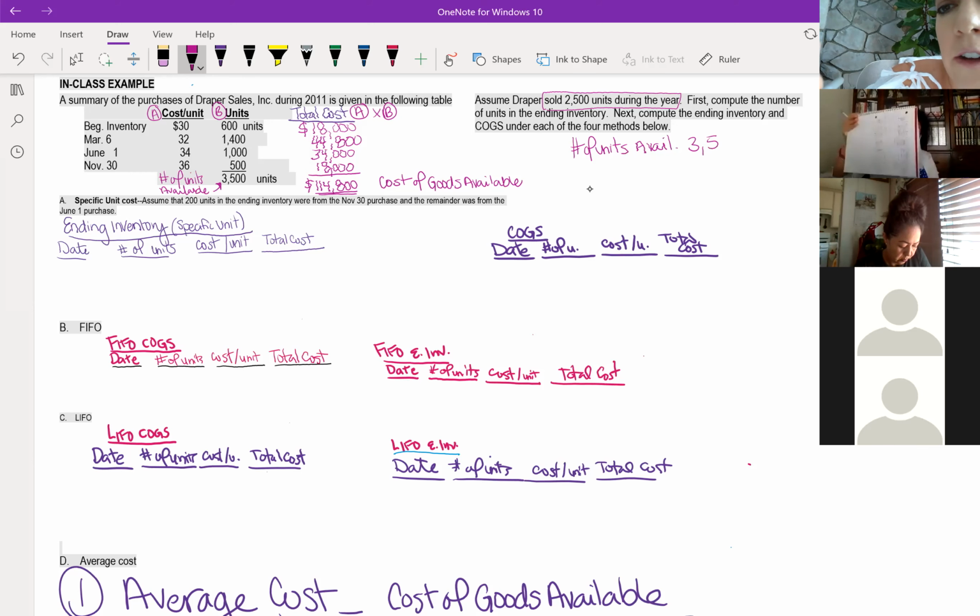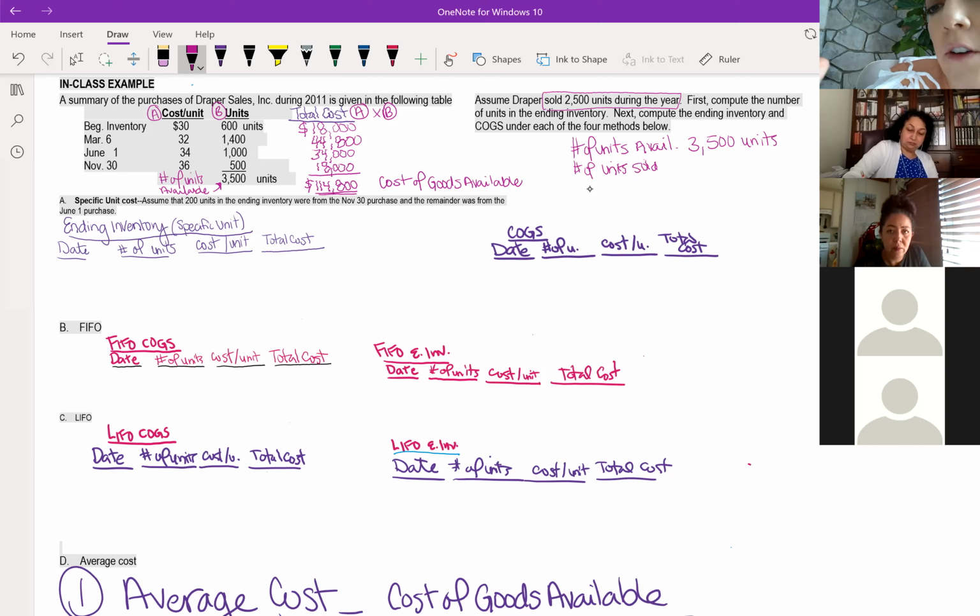So 3,500 units were available this year. They sold 2,500 units.